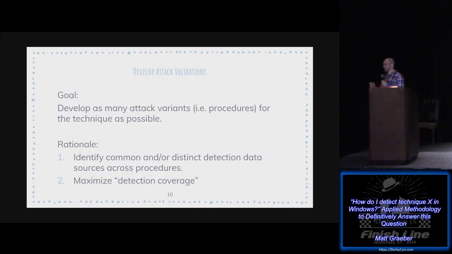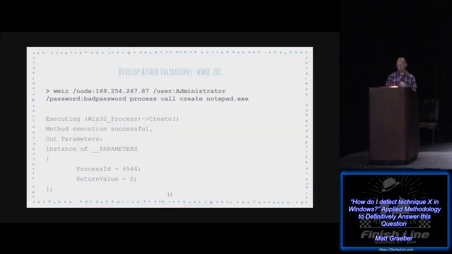Right? So if the goal is to detect WMI-based lateral movement, are you really detecting WMI-based lateral movement, or are you detecting attacker use of wmic.exe for WMI-based lateral movement? So that's where you might want to get a little bit of clarification from whoever is requesting the detection.